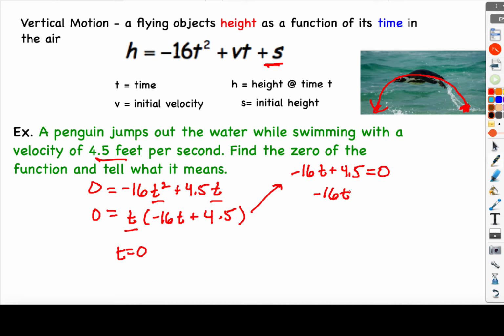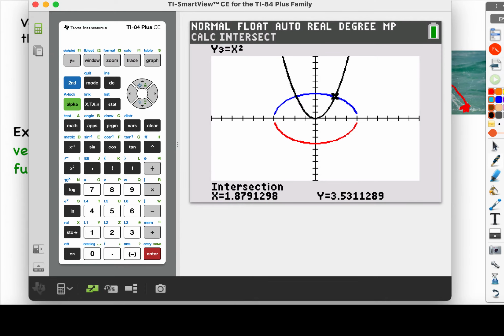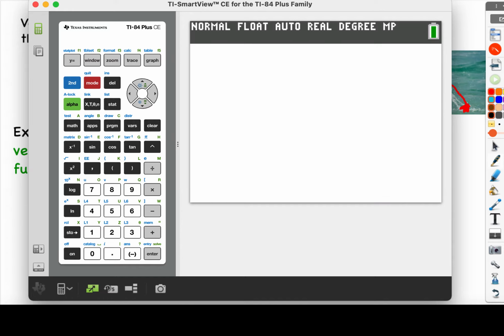Well, -16t, I'm going to subtract that 4.5 to the right. I'm going to divide by my -16, and t will equal. Well, if we go to our calculator here very quickly, we get to our main screen, -16.